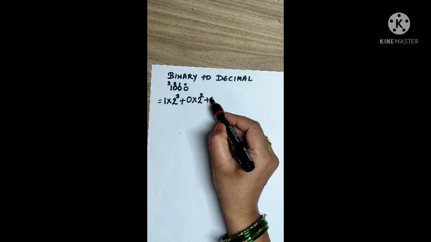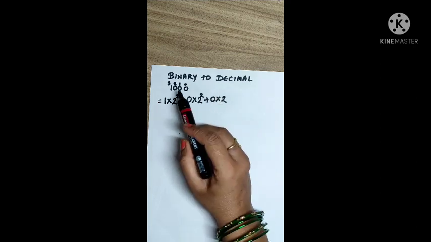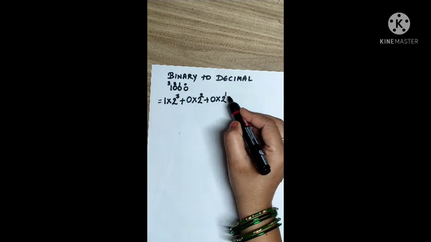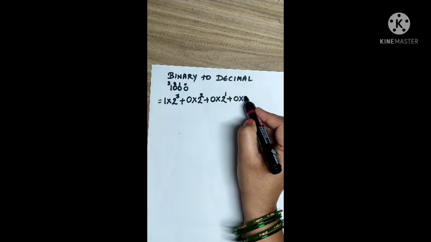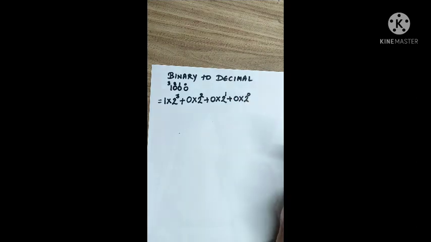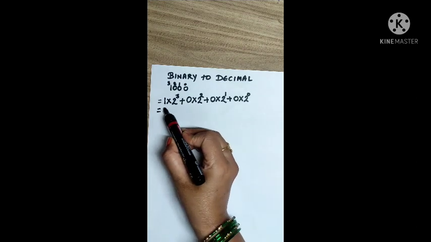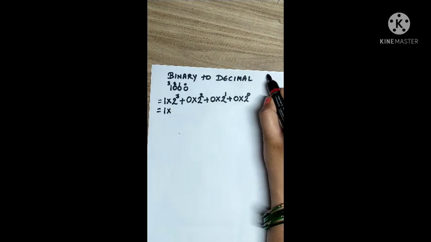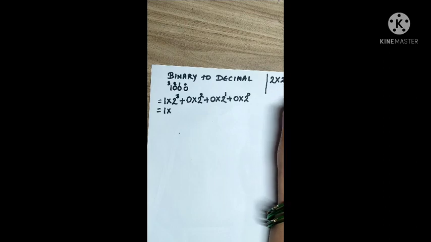Again the next number is 0, multiplied by 2, and the power will be the digit written on top of that. Here we have 1. And finally 0 multiplied by 2 to the power 0. Okay. So if you multiply 2 three times, here I'll show you, 2 into 2 into 2. It will be equivalent to 8.